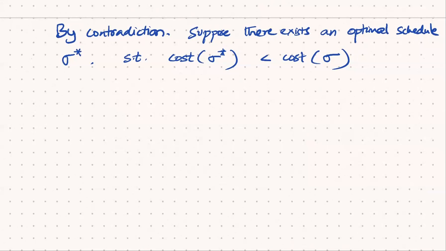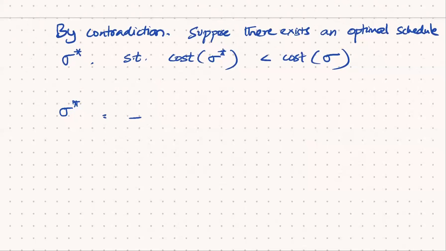Since sigma star is different from the greedy ordering, there have to exist successive jobs in sigma star such that the first job has a lower score than its succeeding job. So sigma star will have to be something like this.